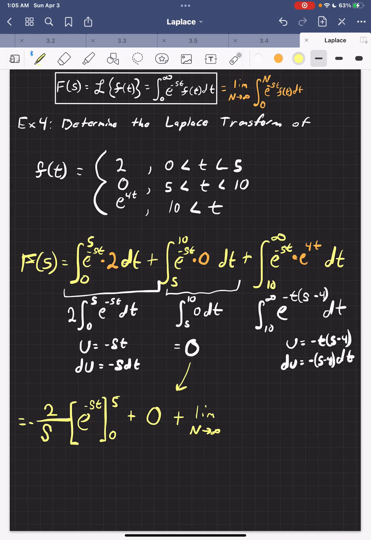Remember, we have to multiply and divide by the negative times s minus 4, so I have 1 over negative times s minus 4 outside of the integral. The integral was 10 to infinity, but now it's going to be 10 to n.